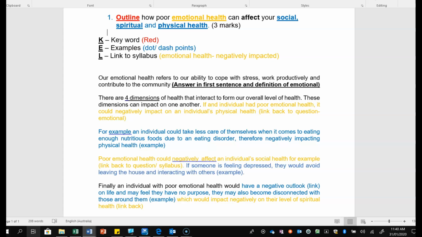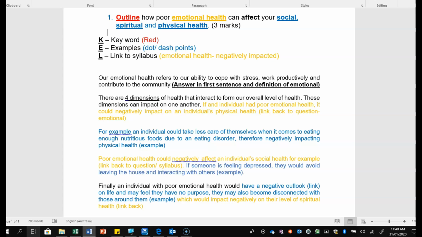For example, an individual could take less care of themselves when it comes to eating enough nutritious foods due to an eating disorder, therefore negatively impacting their physical health. So I've given my example and I've linked it back to the syllabus and the question, which is asking us the negative impact of emotional health on the other dimensions.